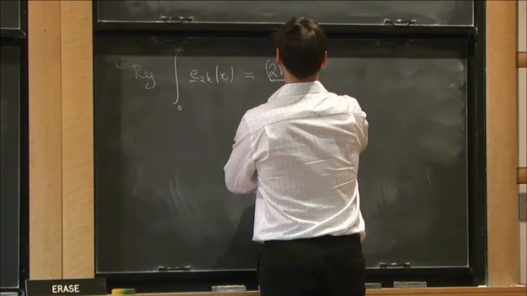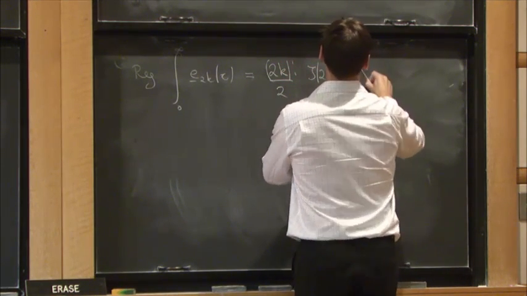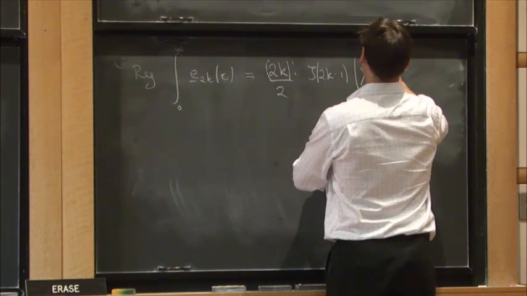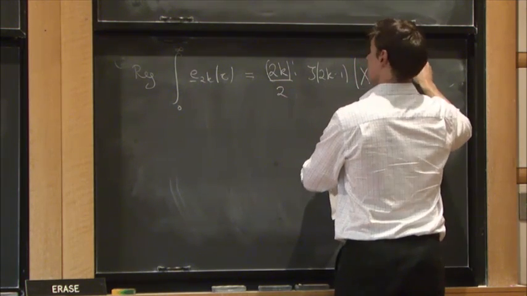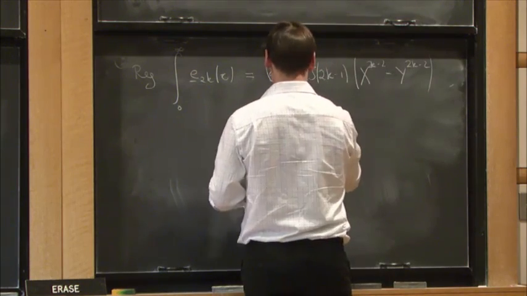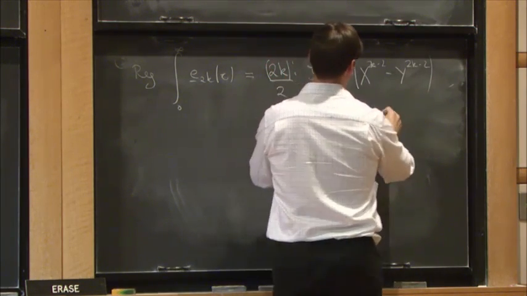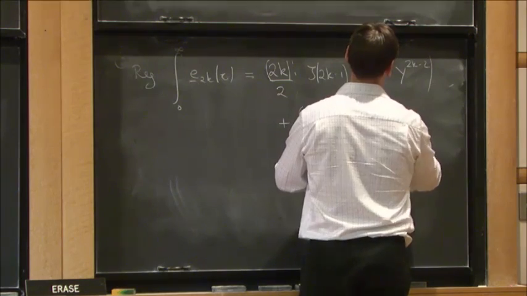And you get some multiple of the Riemann zeta value times x^(k-2) minus y^(2k-2), plus some power of pi, and then something which is rational.